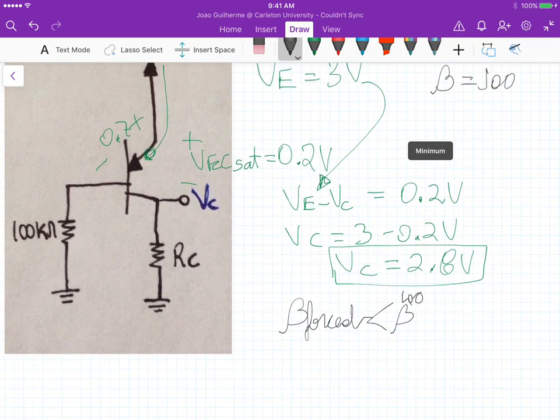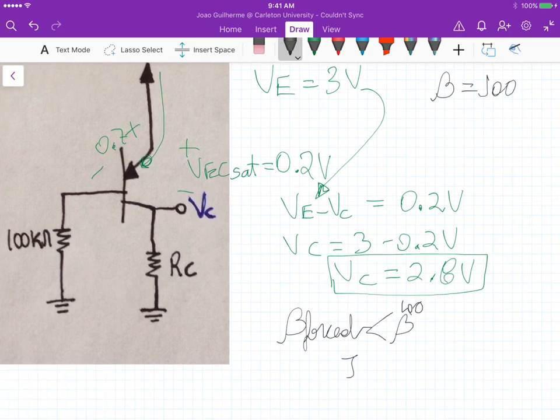Now to calculate beta forced, we need to know the new values of IC and IB. One thing that we need to remember is that IB doesn't change in this circuit if we change the BJT. It stays at 23 microamps.